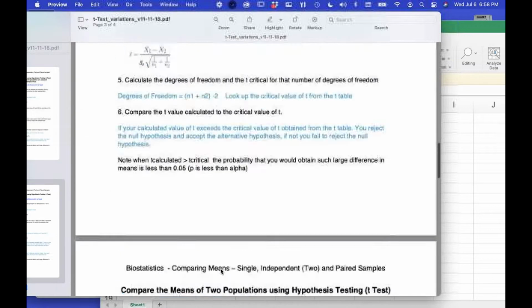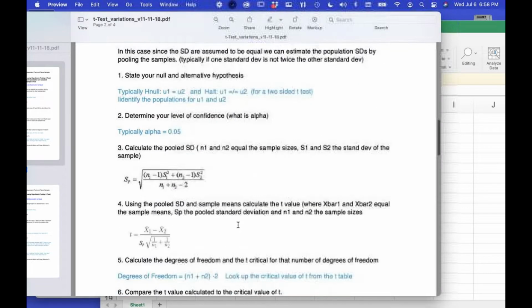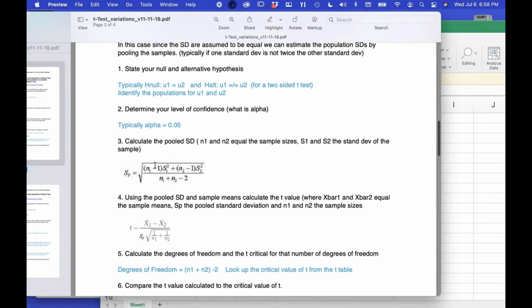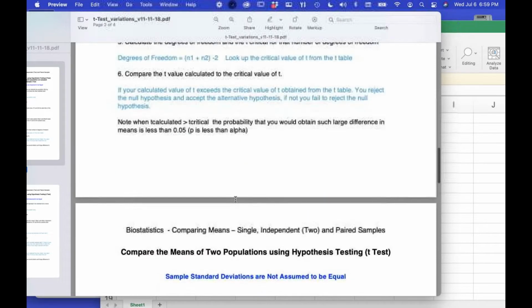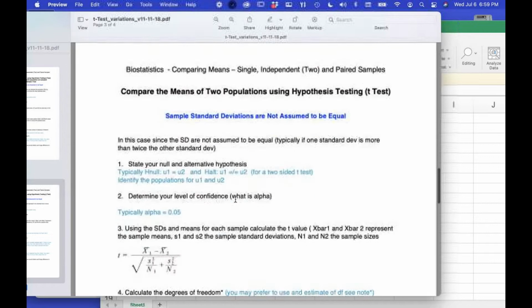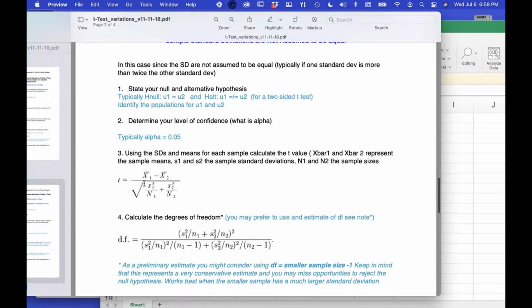If sample standard deviations are assumed to be equal and we want to pool them, we could use this number to get a pooled standard deviation for the two groups. Then we can put it down here and calculate my t-value. That turns out to be my standard error. If I don't bother to assume that they're equal, I can use the formula for not assuming standard deviations are equal instead.